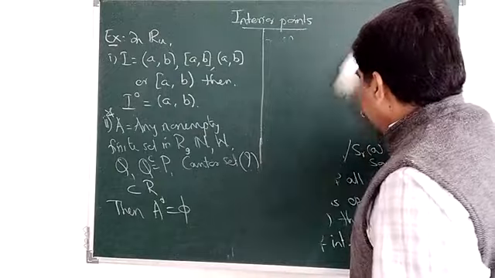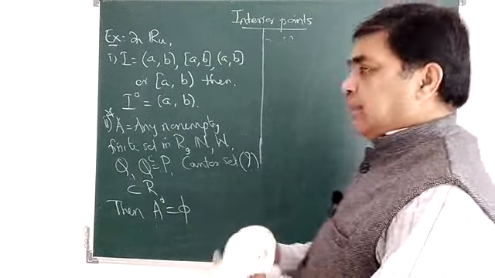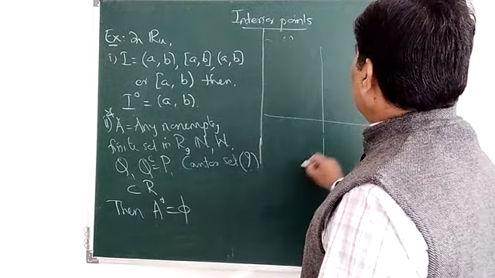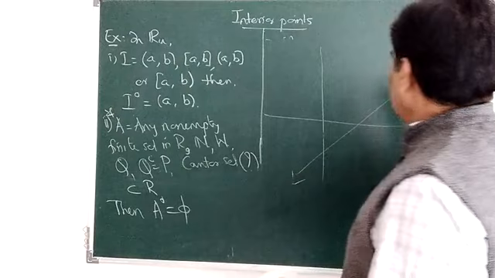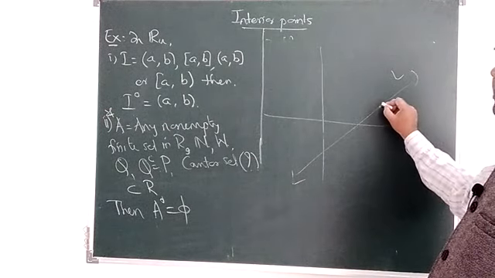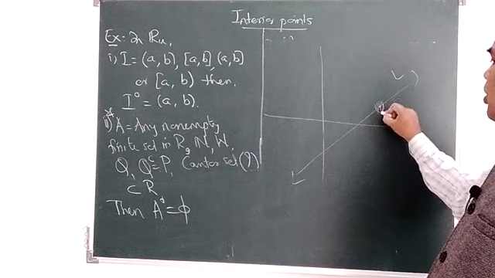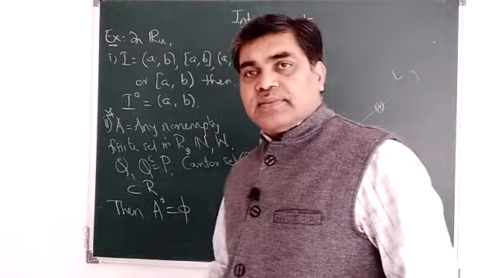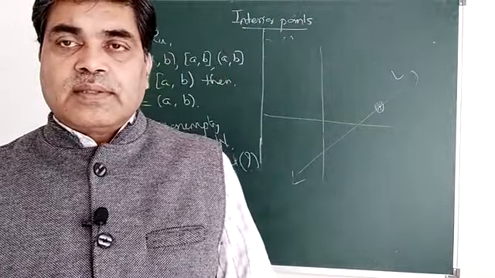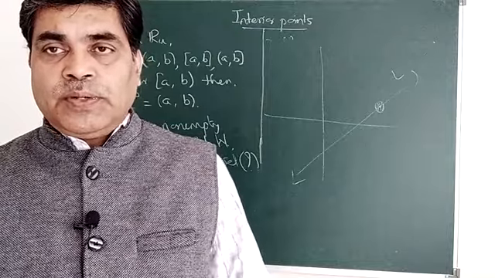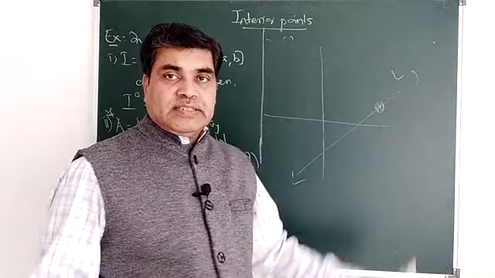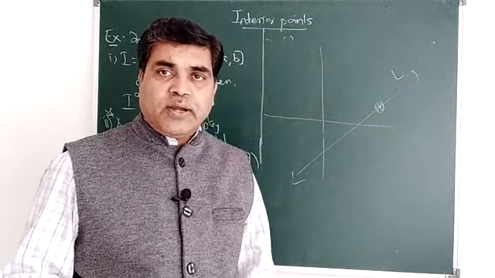In R2 now, with respect to the usual metric, if I take some line, any point on it, and take a neighborhood about that point, even though it is very small, it contains points outside of that line. So the line is not open, and its interior will be the empty set. Every point on the line must not be an interior point.